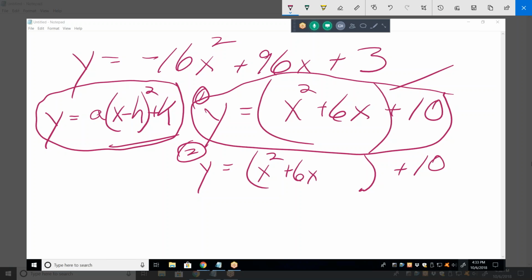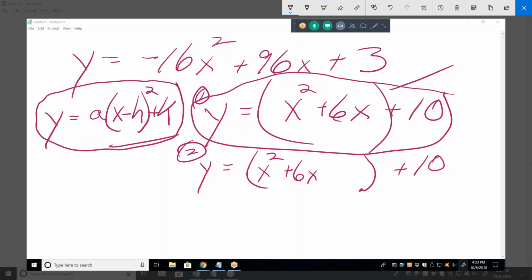So what is half of the coefficient of the x term? 3. Okay. Square that. 9.